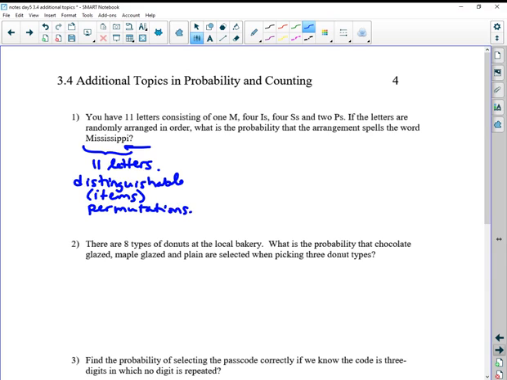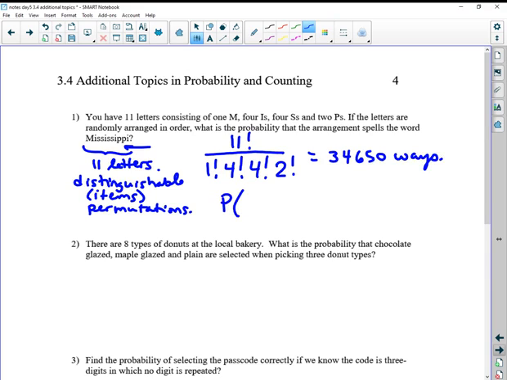So how many ways can we reorder 11 items? Well, there was 1 M, 4 I's, 4 S's, and 2 P's. So there are 34,650 ways you could reorder these letters.